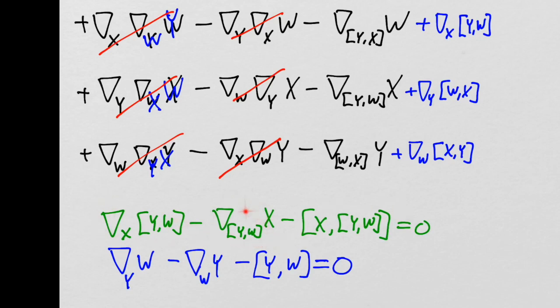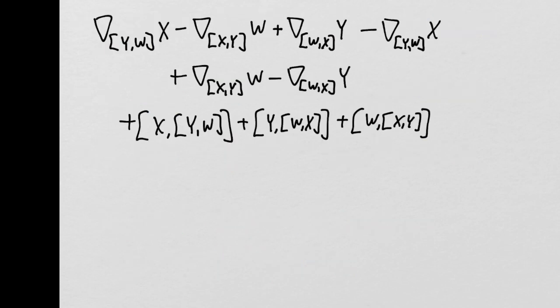So it's going to be the covariant derivative in the direction of the commutator of x, which remember, is just a vector, and minus this new commutator, which is the commutator of x and a commutator. But it's still just a vector. So when I make that substitution, I'm going to be trading covariant derivatives in the directions of these x, y, and w with covariant derivatives in the direction of these commutators. And when I do that, I end up with these covariant derivatives in the directions of the commutators.